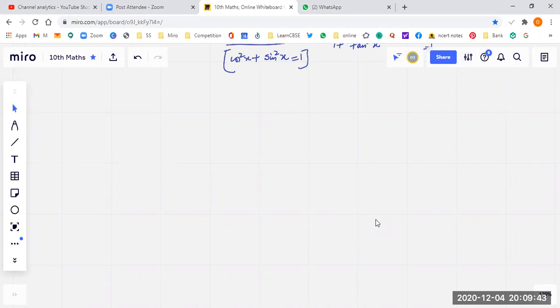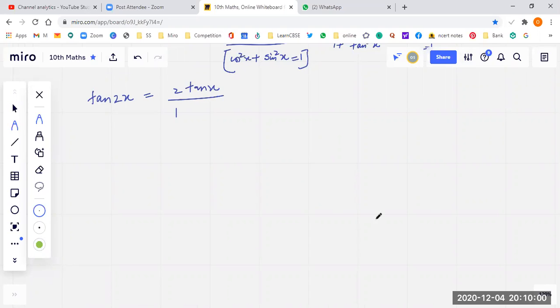Okay, now comes the next one, tan 2x is equal to 2 tan x divided by 1 minus tan square x, right? Again, if 2x is not equal to n pi plus pi by 2, as we have stated before, where n is an integer.